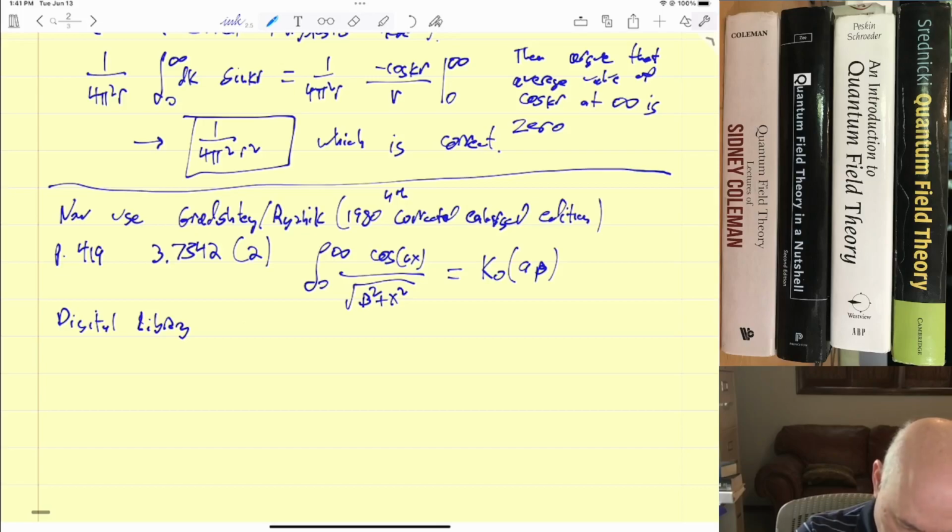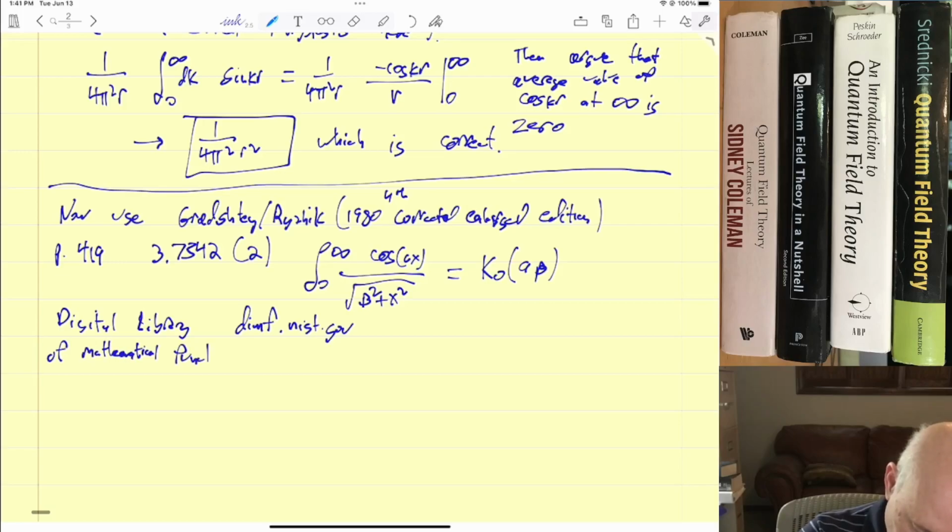It's dlmf.nist.gov, National Institute of Standards, and Digital Library of Mathematical Functions. Their number is 10.32.11.